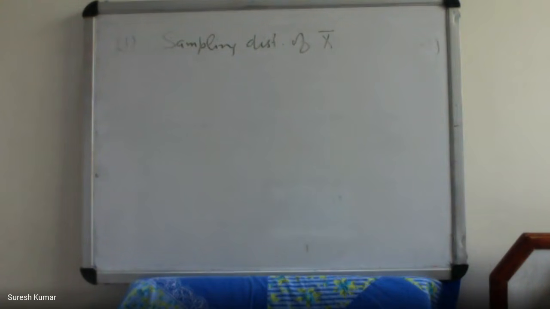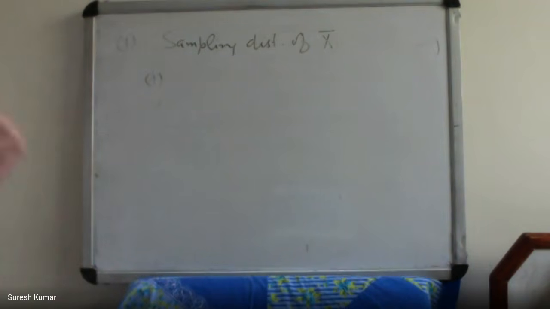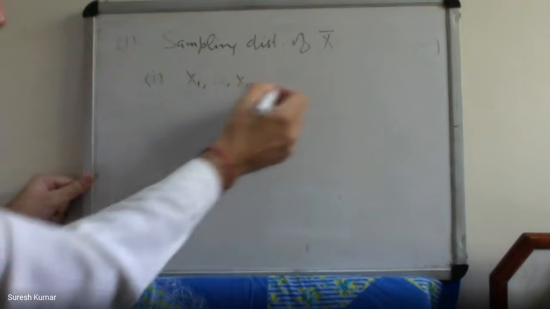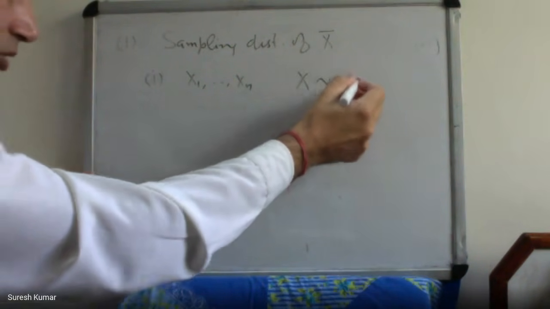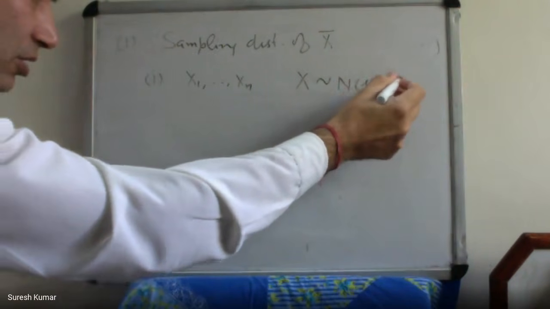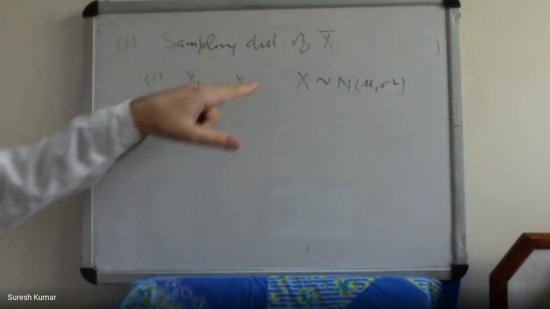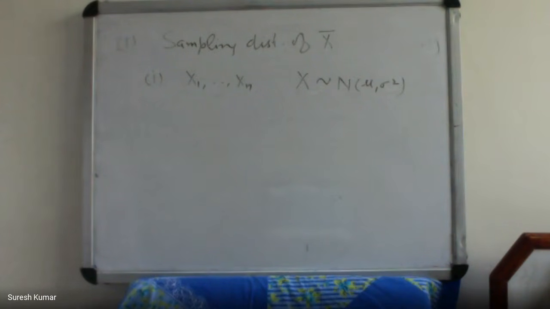Maybe your random sample is taken from a normal population or a non-normal population. So let's think about the first case. Suppose your random sample X1 to Xn is taken from a normal population with mean mu and variance sigma square.